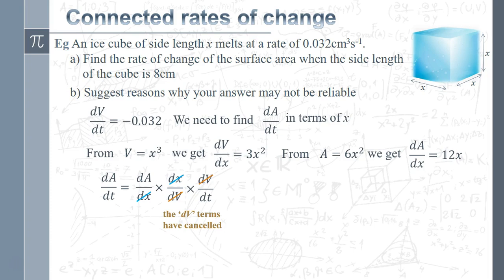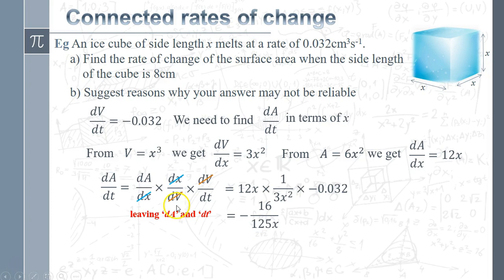So now we've just got to cobble all this together. So dA/dx is 12x. dx/dV, that's going to be from here, 1 over 3x squared, and the dV/dt is coming from here. So we end up with all of that. Okay, and so therefore we've got our expression for dA/dt in terms of x, which is minus 16 over 125x.